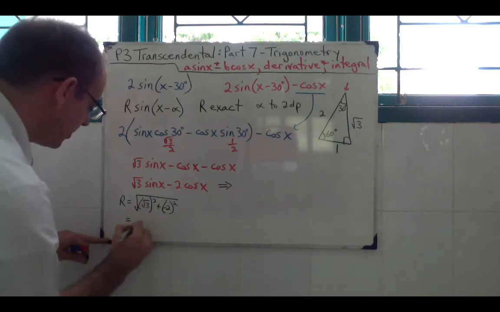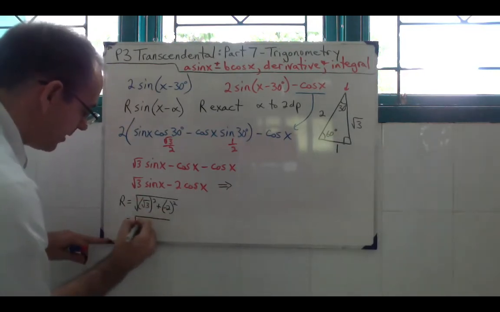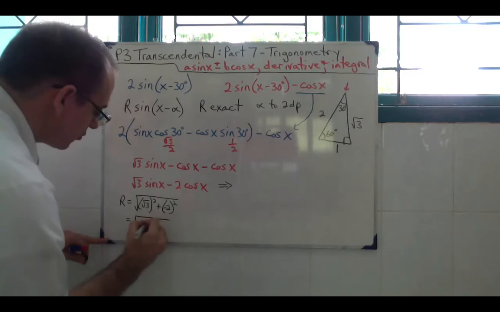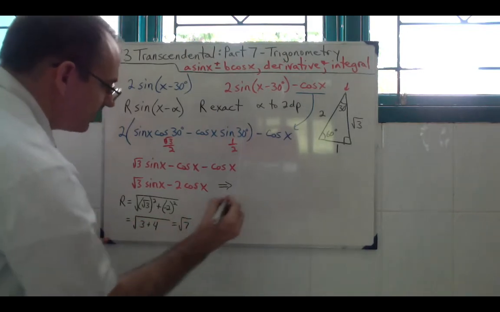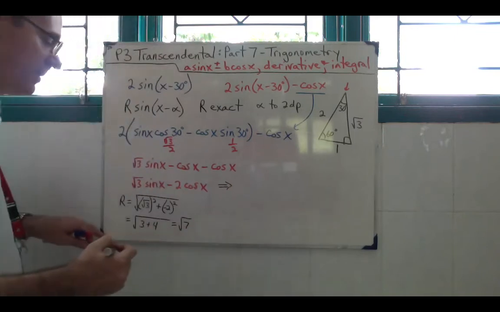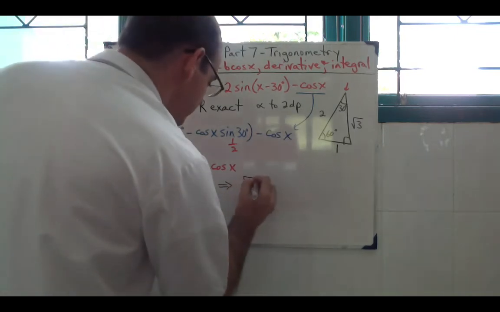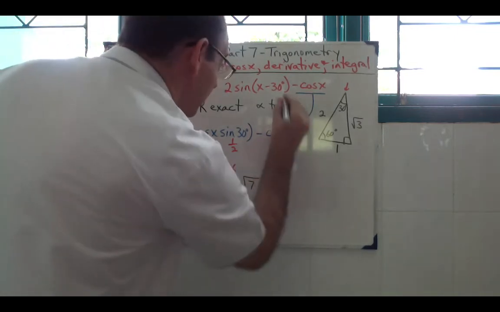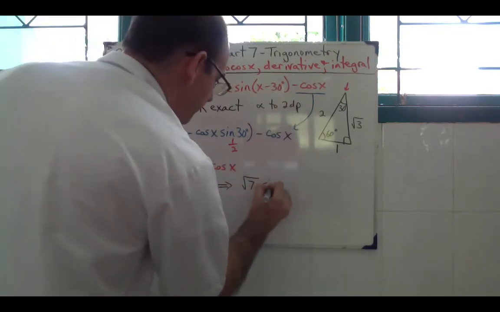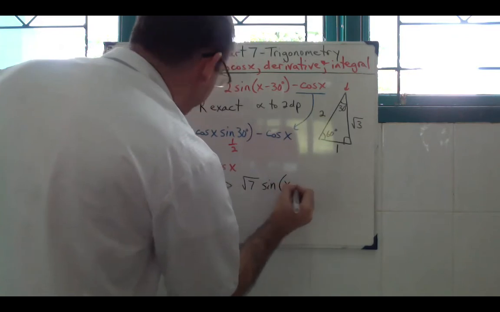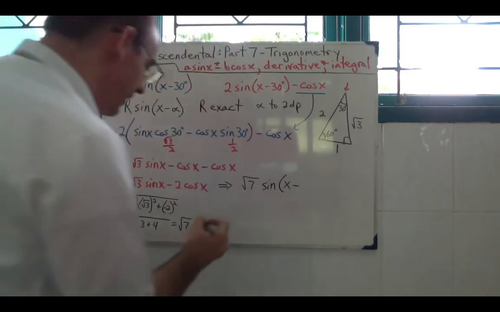So root 3 squared is just 3, 2 squared is 4. So we end up with root 7 as our exact value there. This is going to end up being a sine(x minus alpha).